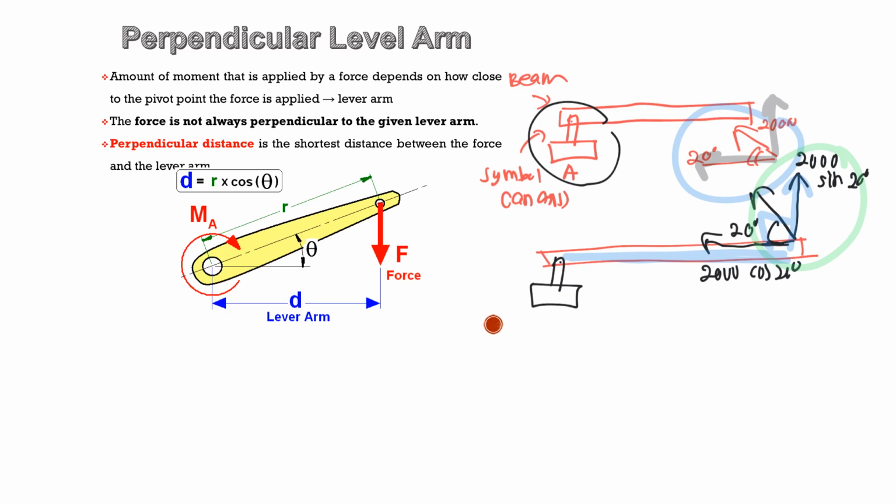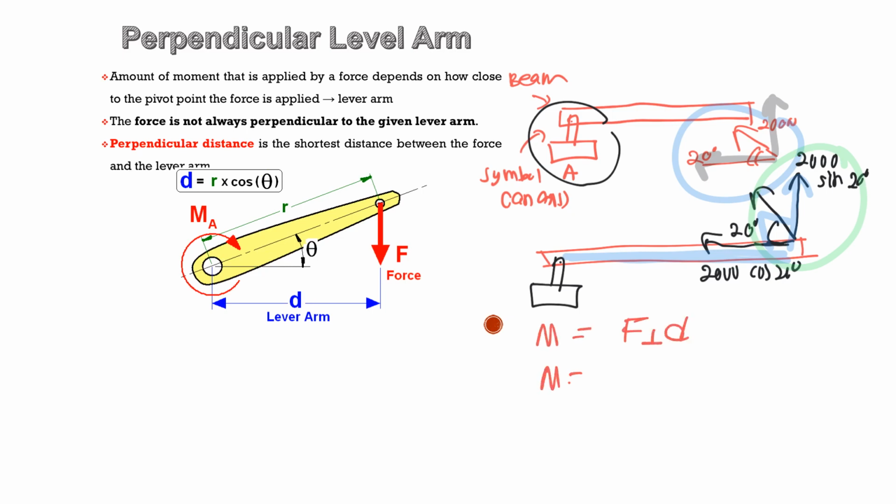Please take note, it doesn't mean that it's always only the y-axis. It depends on the situation of the question, but the thing you need to understand is that you need to find the force perpendicular to the lever arm. Here the force is perpendicular to the lever arm, then you get moment.